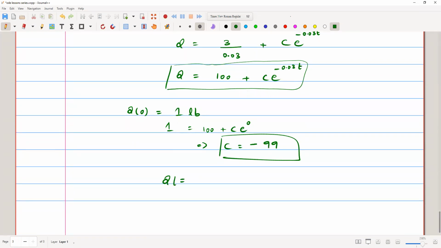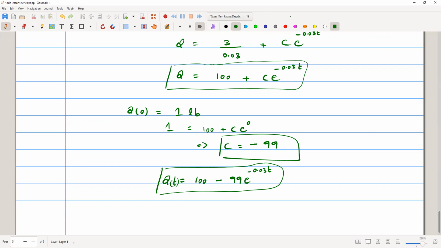So it will be q of t equals 100 minus 99 times exponential to the power negative 0.03 times t. Now this is the expression for the brine solution.